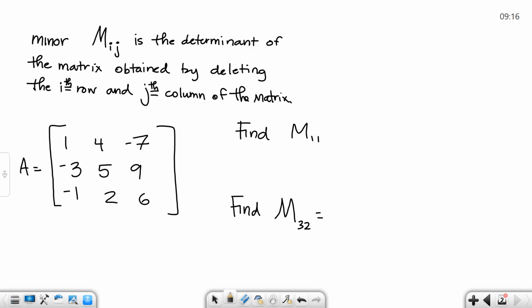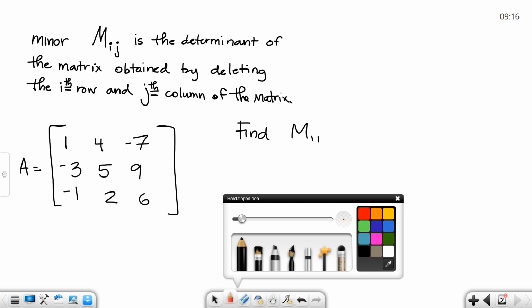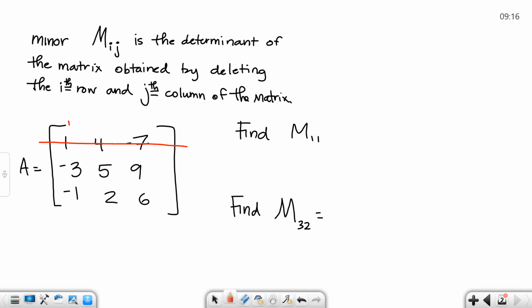Now, so I'm asking you to find M11. So what that means is I'm going to delete the first row and first column. Now, I'm on this fancy board up here, right? So I can do that. So I know it's going to be left with 5, 9, 2, 6. Okay? So I always have to use my matrix again, right? So I don't want it just completely marked out. But when I take out the first row and the first column, I'm left with 5, 9, 2, 6.